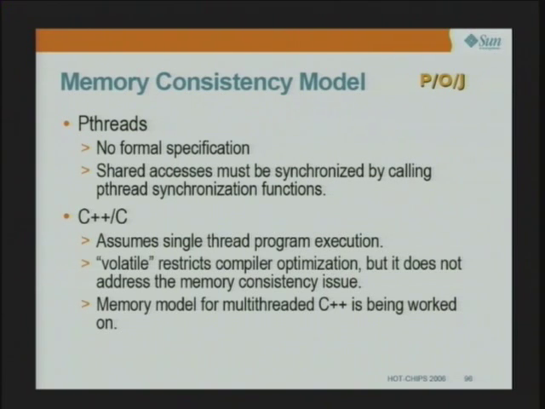It's not guaranteed to work. You cannot reason about it. And for C and C++, the specification assumes single-threaded execution. There's no concept of multi-threading, no concept of a memory model. Right now, the C++ language committee is working on specifying the memory model. Until then, it's still very tricky to get it right.